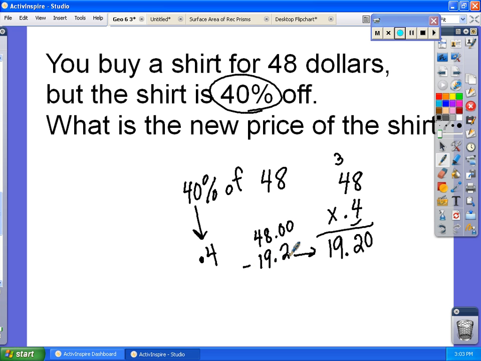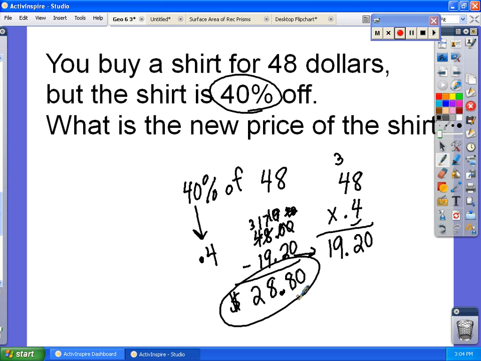Notice how I'm lining up the decimals. That's $28.8, which if you add a 0, $28.80 is the new price of the shirt.